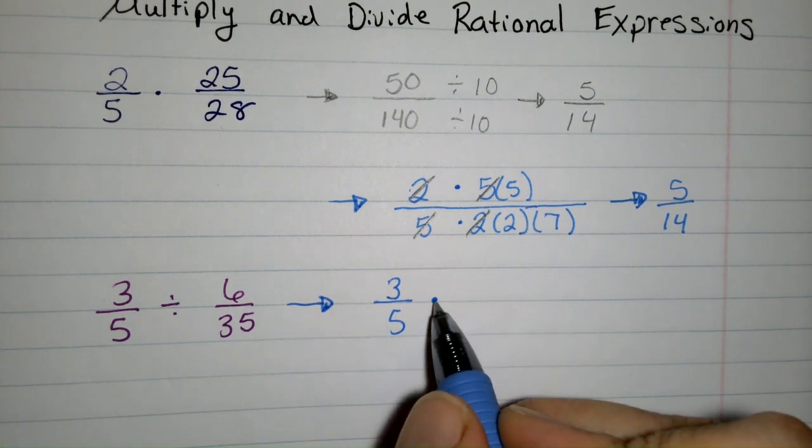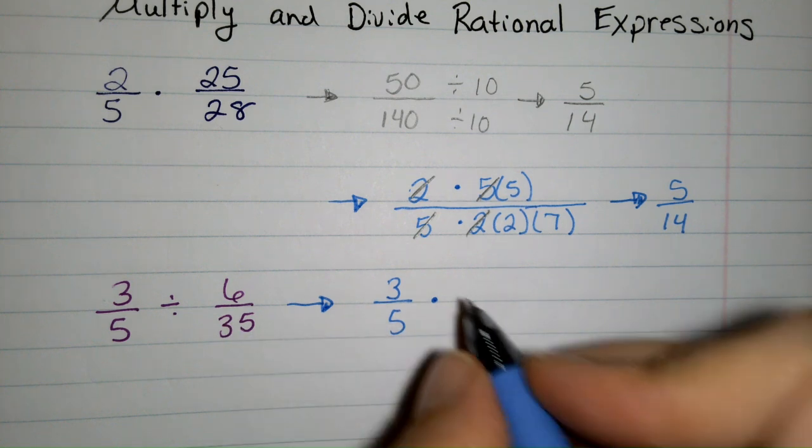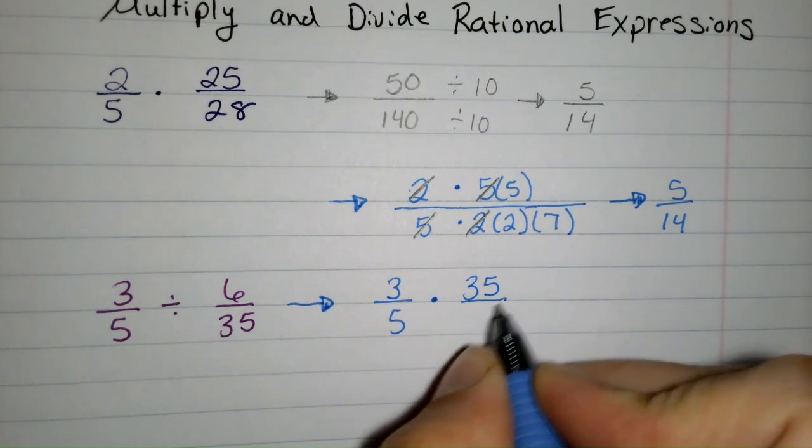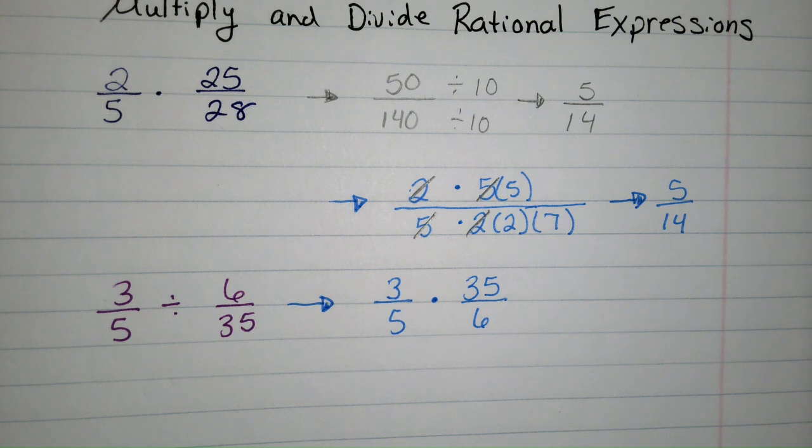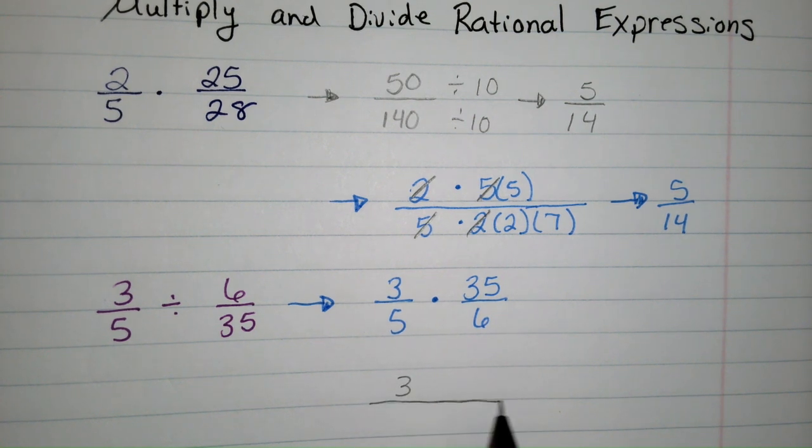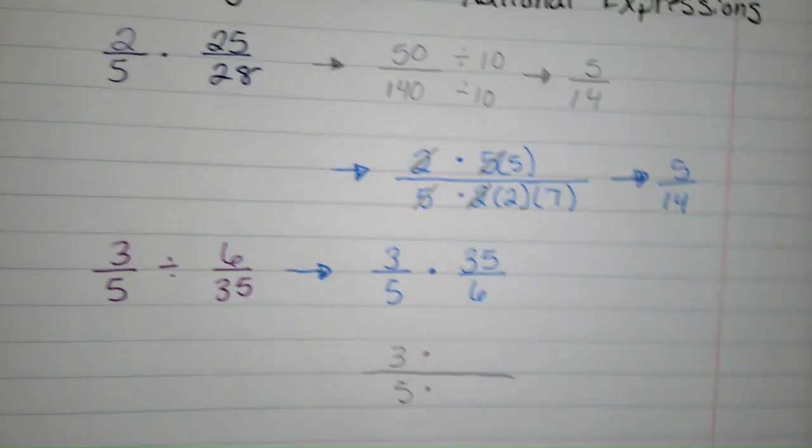See how the dividing switches to multiplying, flip. Okay, so now we have the 3/5 that is being multiplied by the 35 over 6.